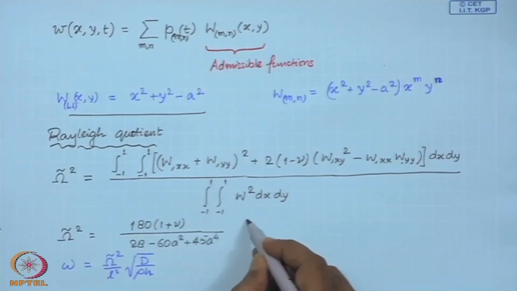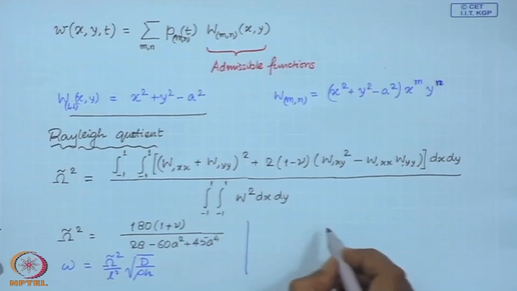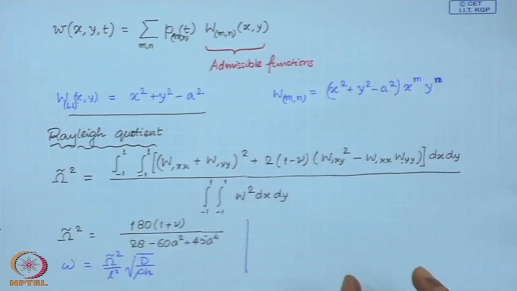Now, if you want to improve the support, suppose you ask what should be a good radius for this circular support so that the plate is well supported. In that case, what we are asking is what radius will give a very high natural frequency. High natural frequency would mean the support is quite stiff. So, what would result in a very high natural frequency?